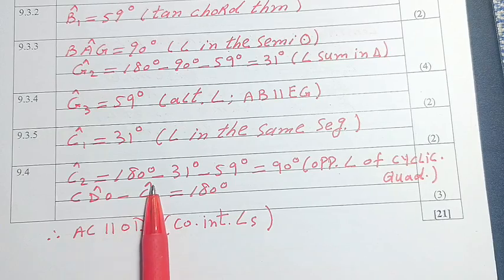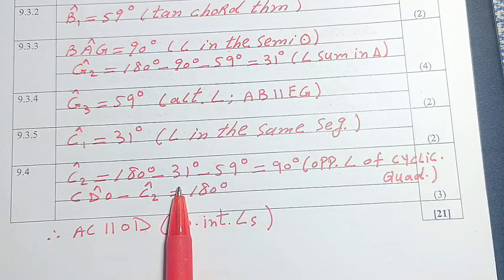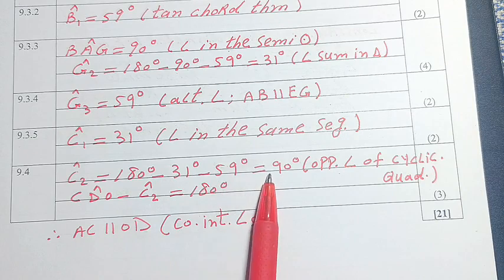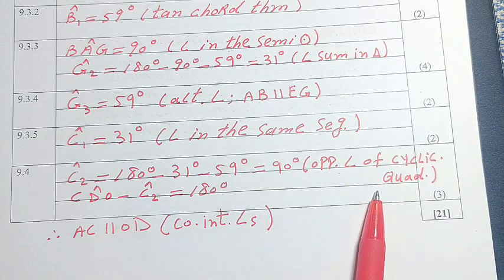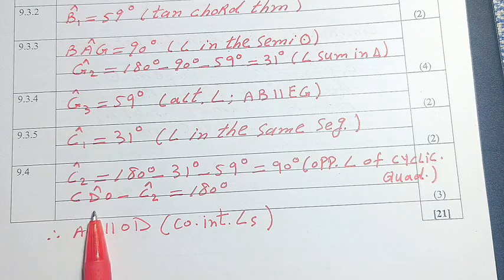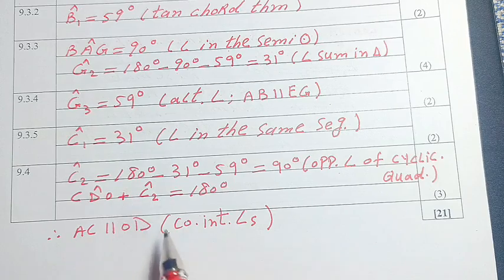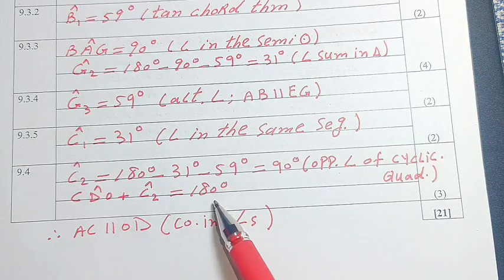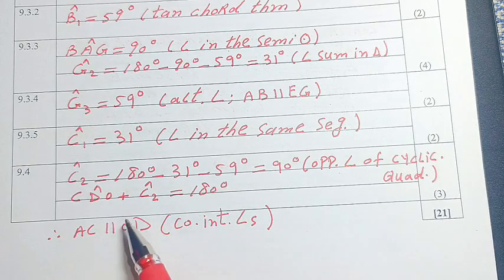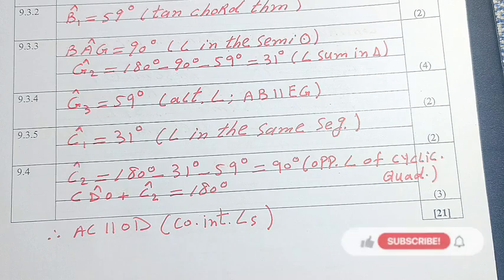So angle C2 is 180 degrees minus 31 degrees minus 59 degrees, which is 90 degrees, opposite angles of a cyclic quad. Angle CDO plus angle C2 is going to be 180 degrees, which means 90 plus 90 is 180 degrees, so therefore AC is parallel to OD, co-interior angles.